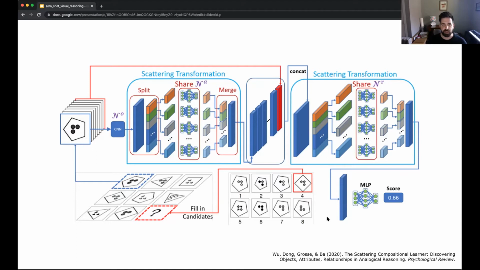Basically, this model uses an interesting form of parameter sharing to accomplish a kind of compositionality and manages to perform quite well on both of the existing data sets. But of course, the major caveat is that in order to achieve that level of performance, these sorts of models really require a massive amount of training directly on RPM problems. And I think this arguably turns the problem into a kind of detection of a familiar set of rules rather than the test of fluid reasoning that it was originally intended to be.